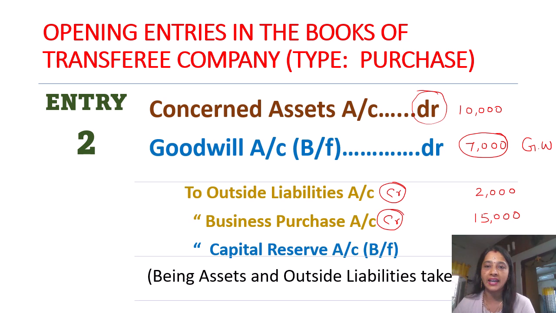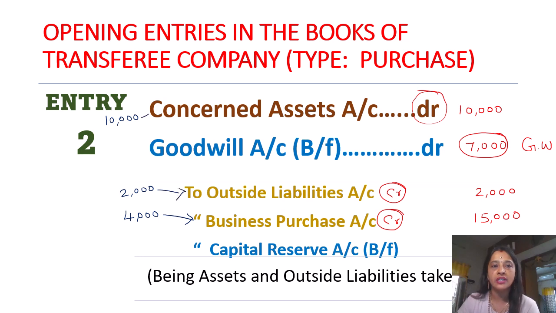On the other hand, if your assets value is the same 10,000 and your outside liabilities is 2,000 and you have paid 4,000 as purchase consideration. So you have paid less than the value of the assets.